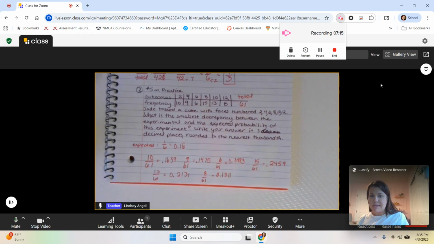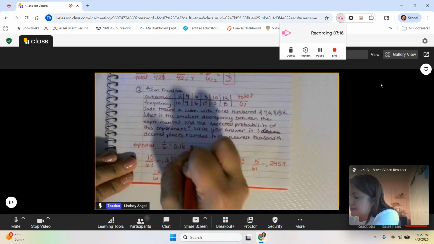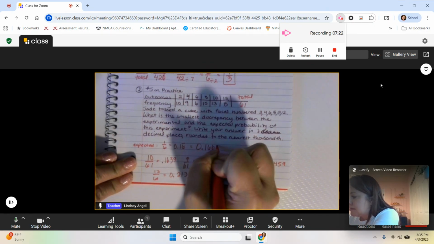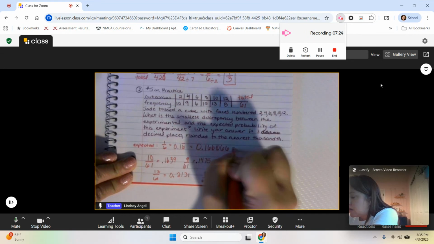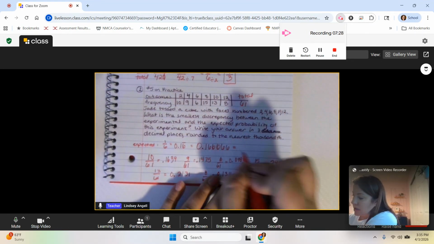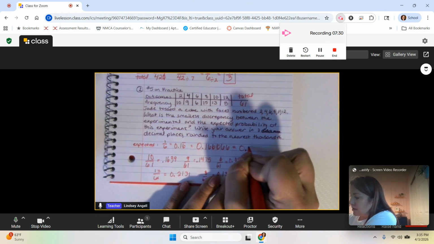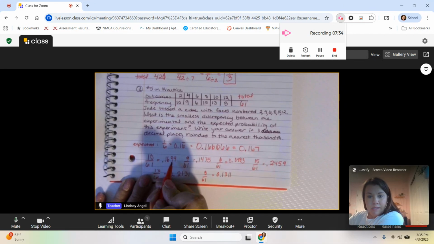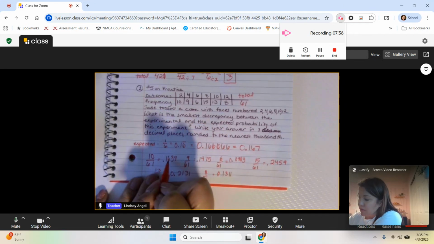Notice with this, if I were to expand this, I could say 0.016, and this would keep going on and on. But since we're rounding to the nearest thousandths place, I could write it as 0.167. Now this one, I'm going to need to round as well.